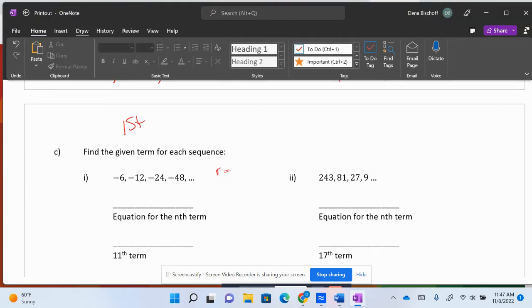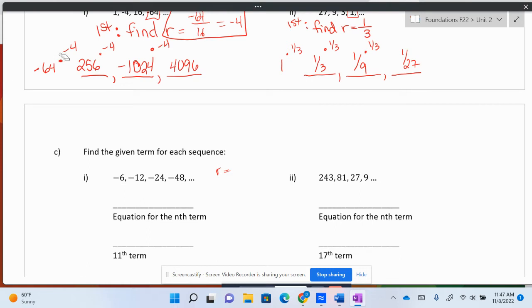First, I'm going to find R. So first, find R. And then the next thing that I'm going to do is I'm going to identify A1.